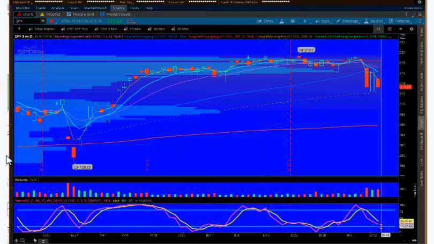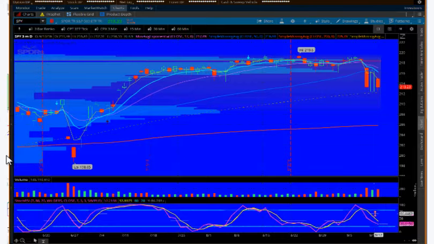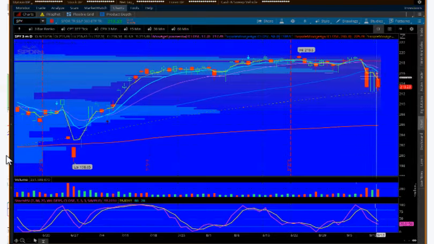Not always, and it can stay oversold or overbought longer than I can stay solvent. But it gives me an indication where momentum is. Momentum is still going to the downside here. So the three EMAs are pointing to the downside. The candle now is also pointing to the downside.